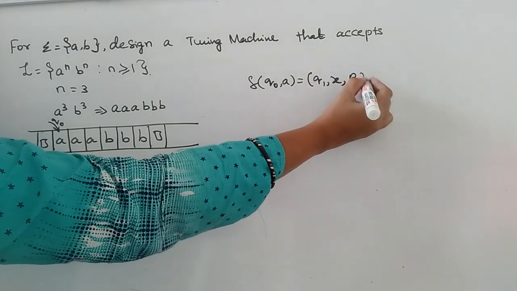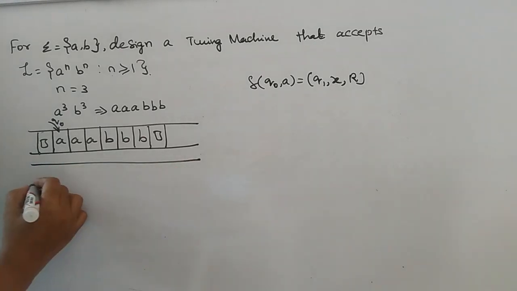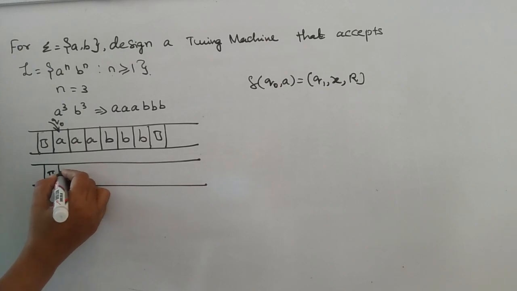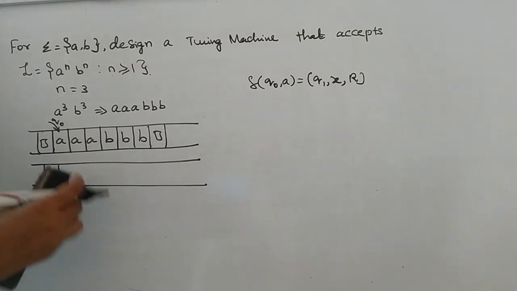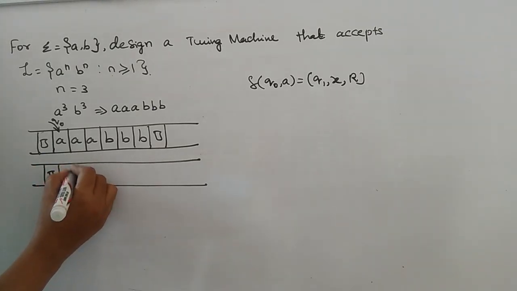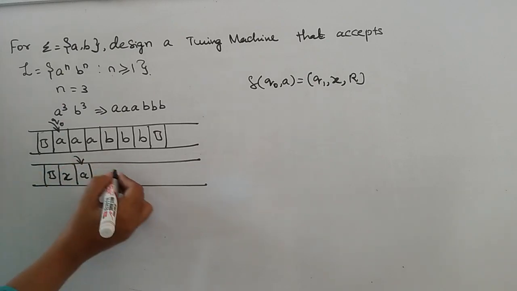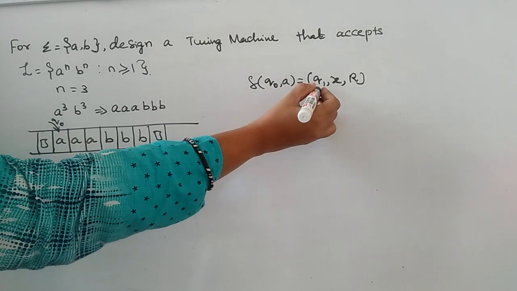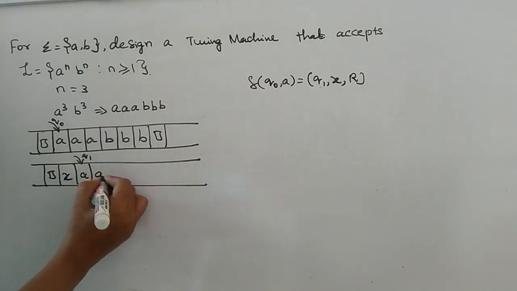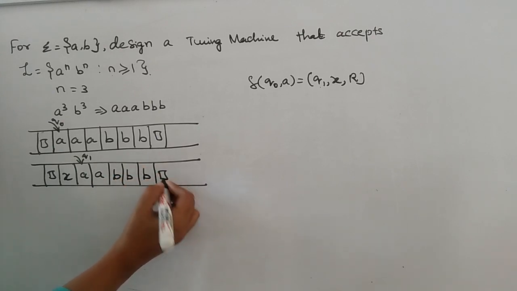That's why I am mentioning R. So by this transition, the first a will be replaced by the symbol X, the head moves right, and the machine enters the state q1.